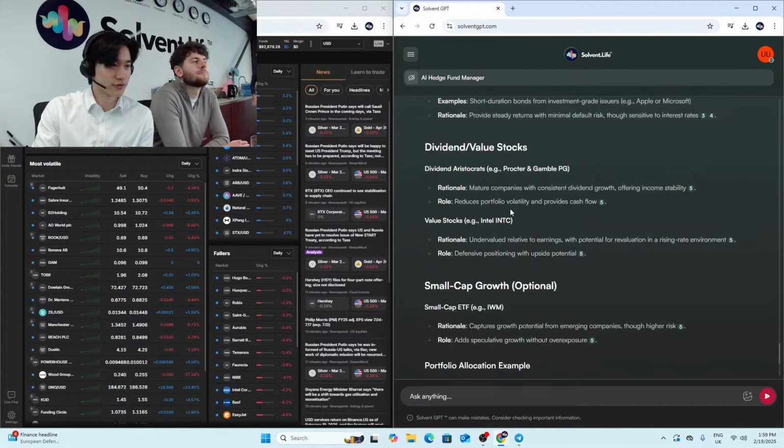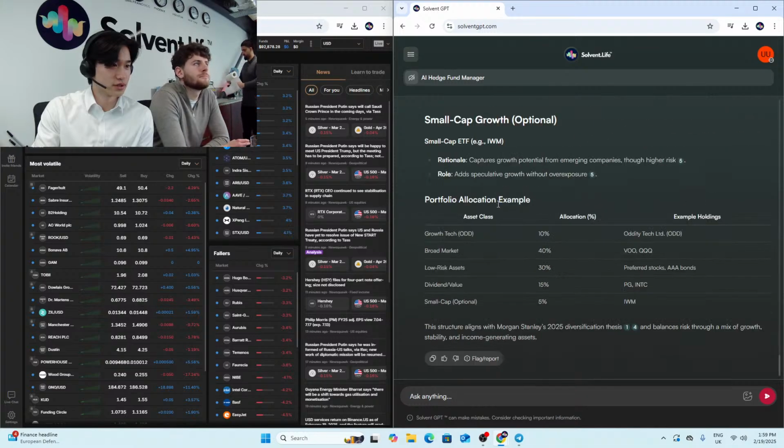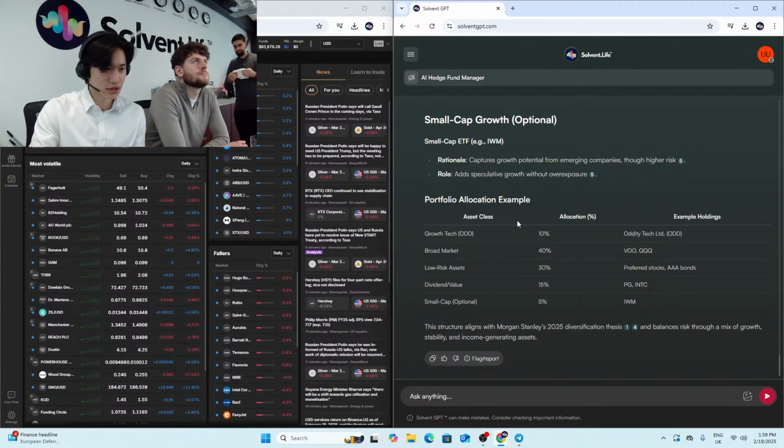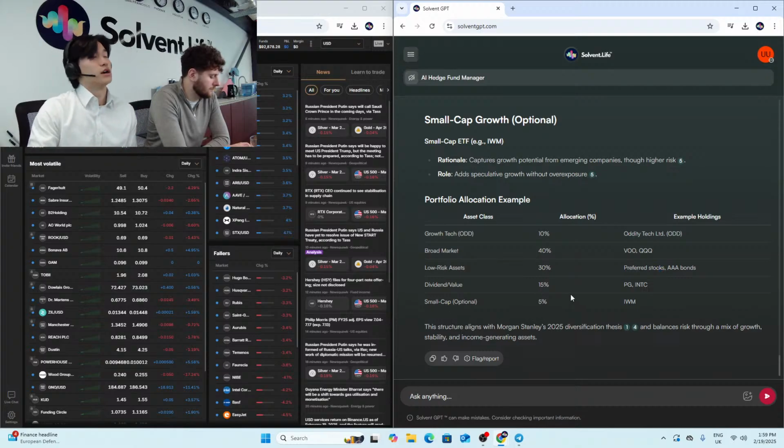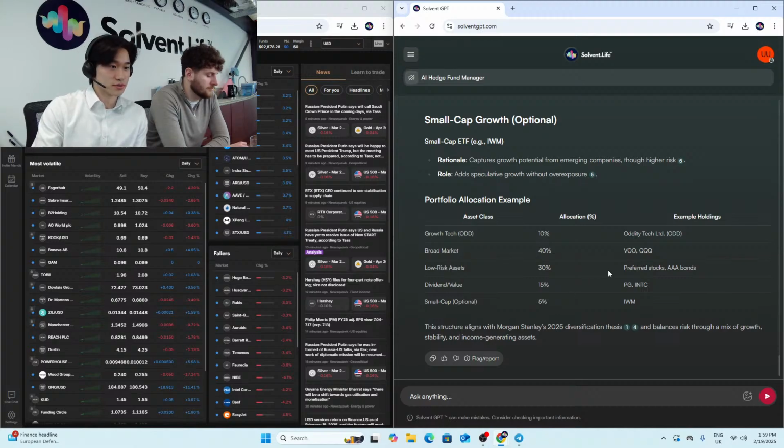And then from these 5, it's told you exactly how to allocate your capital. So the growth tech, which is the Oddity company that we found, put 10% into that. And then the broad market 40%, low risk assets 30%, etc. So here you have exactly how to allocate your investment portfolio.